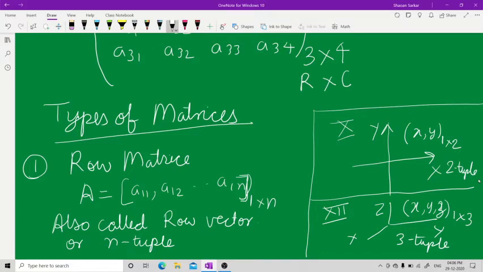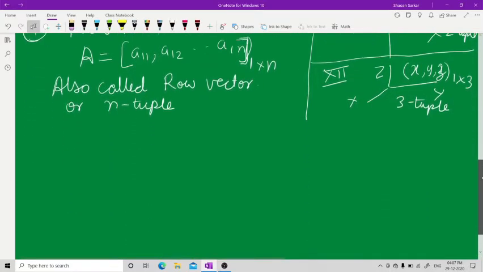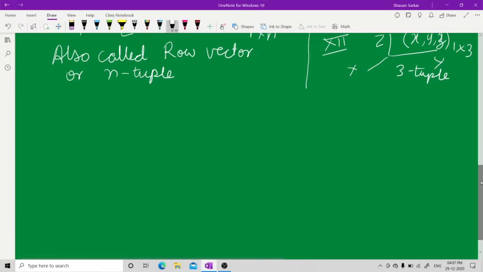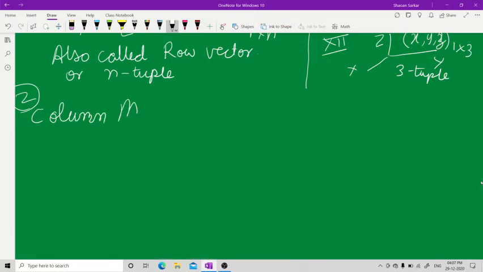Next, let us go down to the column vector. What is a column matrix? Let us see. Column matrix, the second one. It is like, say, B. I'm using a different name.